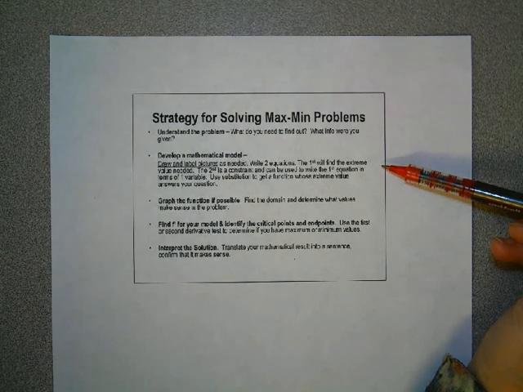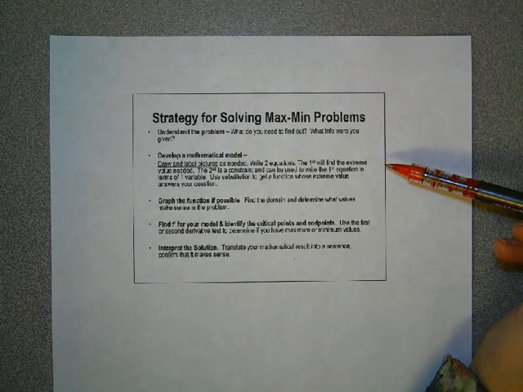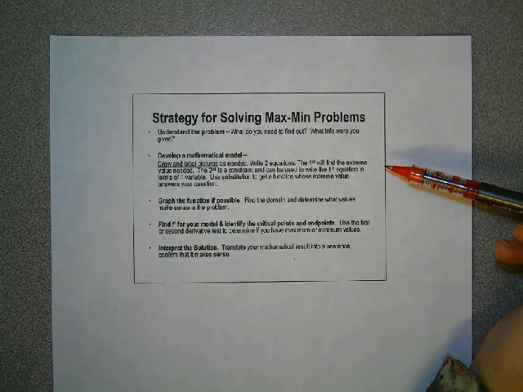We'll draw and label pictures a lot of times. We'll usually write two equations. One of the equations will be our constraint, and one will be the equation we're going to use to find a maximum or a minimum value.